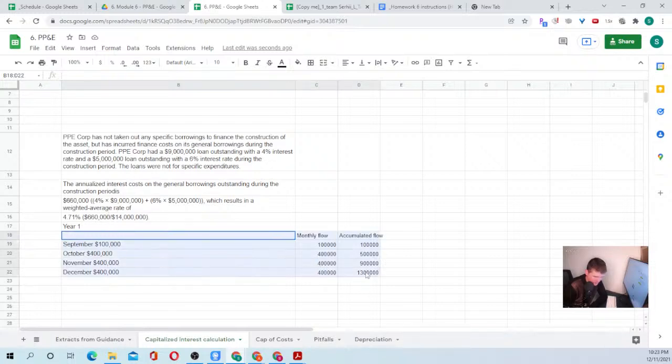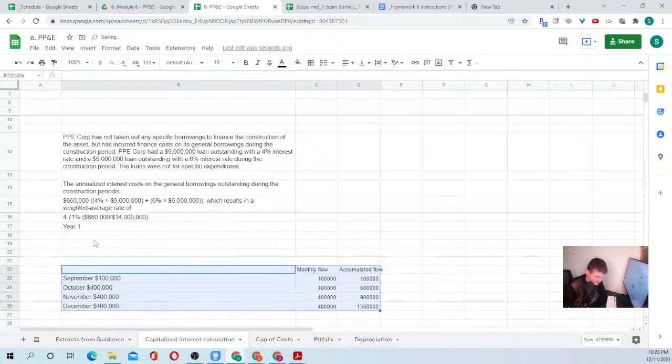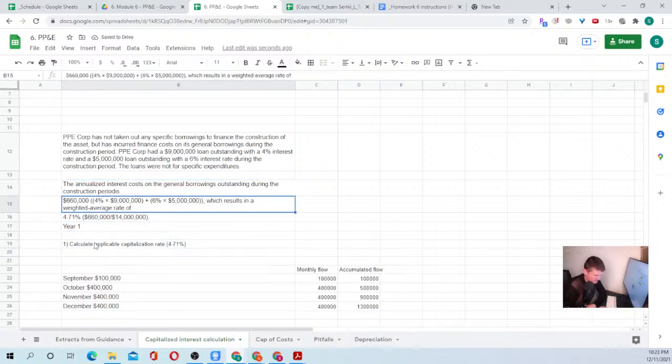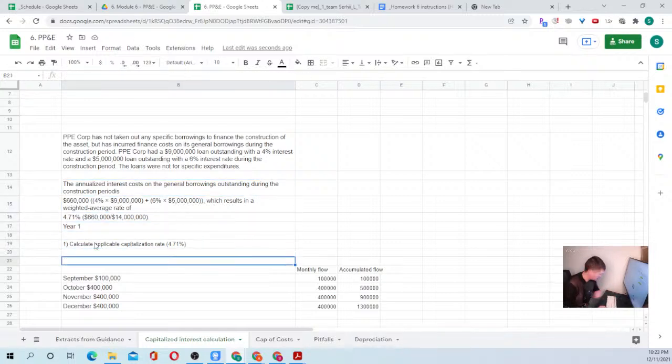So our approach would be, first, calculate the applicable capitalization rate, which in our case will be 4.71%. It's already calculated above. Second, apply the rate to applicable balances.